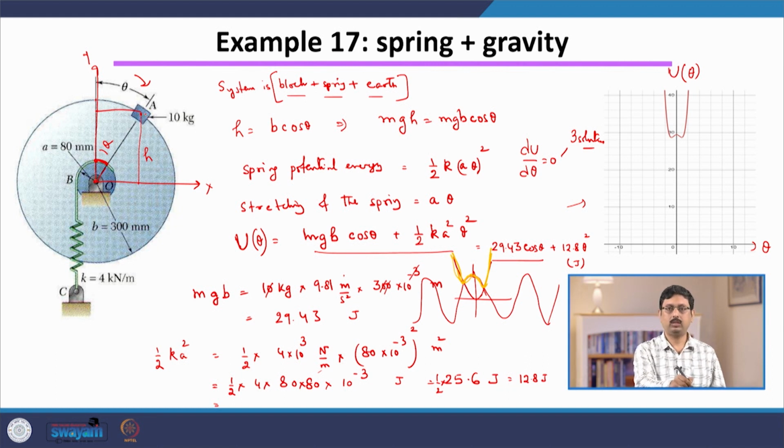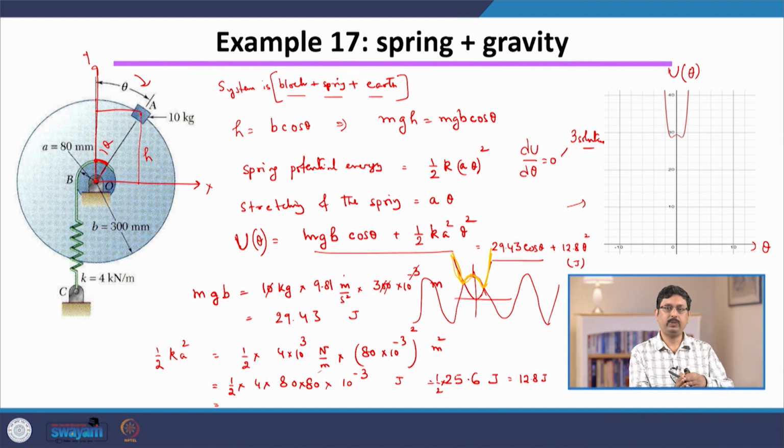Let us say it falls on the right hand side. Now, as it falls, the spring starts to stretch, and because of the stretching the spring will try to compress, so its tendency is to compress downwards, which means it is trying to give a force on the block in the opposite direction.